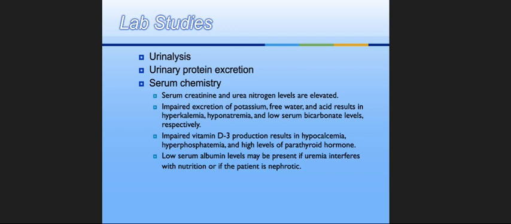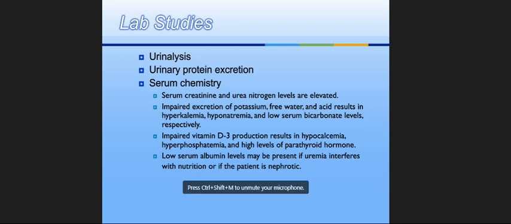About vitamin D, it's impaired mostly, because the impaired vitamin D3 production results in hypocalcemia and hyperphosphatemia and high levels of parathyroid hormone, PTH, as I told yesterday, what's called hyperparathyroidism.